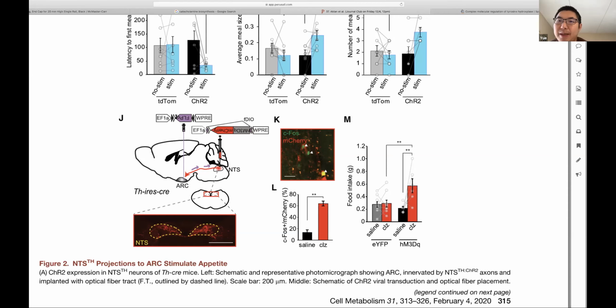So the black arrows here make sure that Flp is only expressed in NTS, in Cre cells, because it's TH Cre. And we know there's TH Cre cells in the ARC. But then it makes sure NTS TH neurons express the Flp, and the Flp will control the FLEX-DIO. So in the end, these TH neurons in the NTS will have both constructs, right?